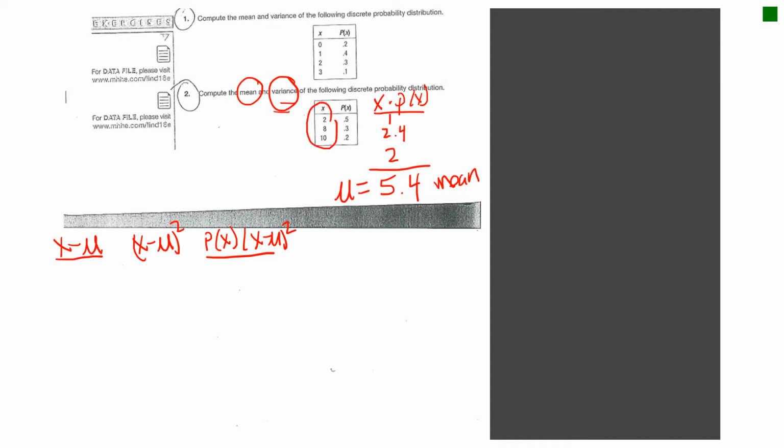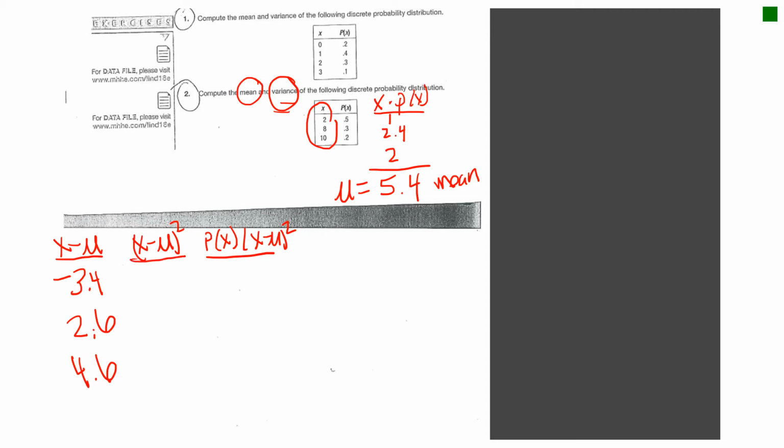So we'll start with 2. 2 minus 5.4 gives us a negative 3.4. 8 minus 5.4 gives us 2.6. And finally, 10 minus 5.4 gives us 4.6. All right, so again, that's just taking each one of these x outcomes, subtracting the mean, which is 5.4.